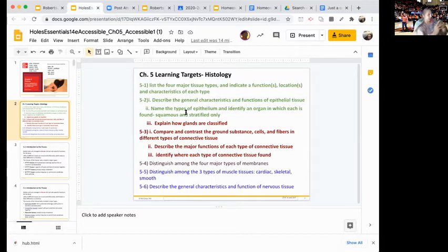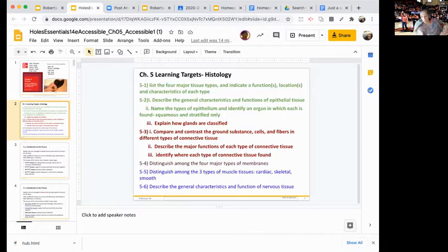And then we left off on glands, because glands come out of epithelial tissue, either secreting inside or outside the body. After that, 5-3 is all about connective tissue. So then instead of epithelial tissue, we'll look at connective tissue. 5-4 is completely bonus, so I'm not going to spend any time on the 4 major types of membranes. But I am going to do the 3 types of muscle tissues and the nervous tissue.